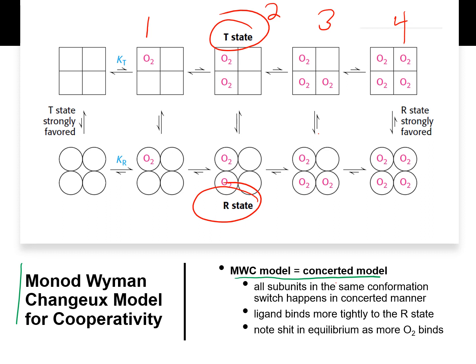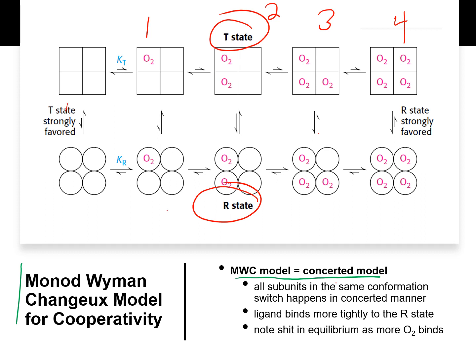Now this, upon first examination, might sound like perfect cooperativity. If you're going from all T to all R, why would this not be an example of perfect cooperativity? Well, the reason for that is equilibrium.